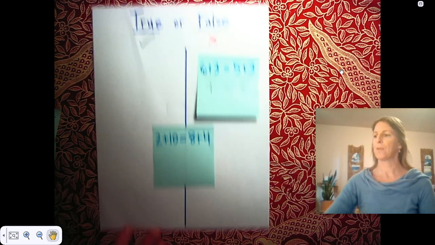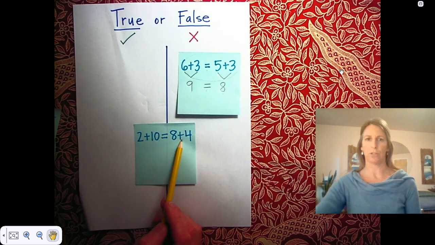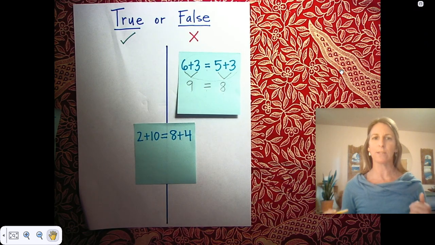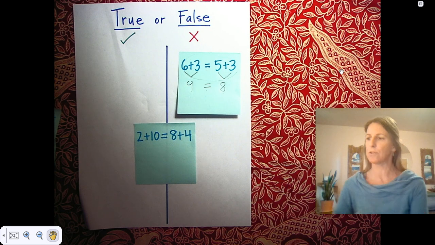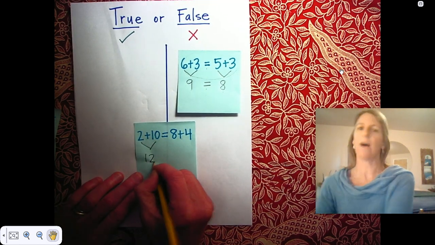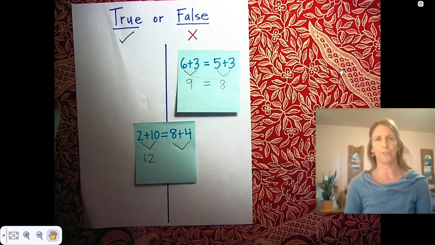Putting it right there. We've got these two parts to our equation. Oh my goodness, it's a tens. Quickly adding with tens. I can add to 10 quickly. 2 plus 10 is 12. Oh yeah. Now let's do this. 8 plus 4.